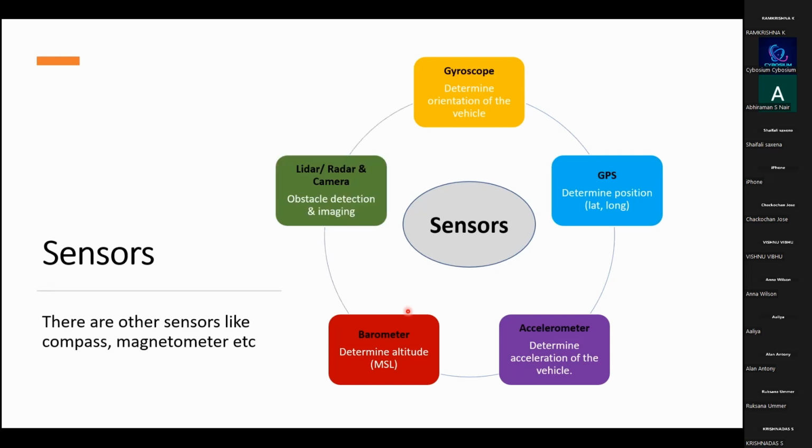And yes, talking about sensors, we have radar and LiDAR for obstacle detection, and camera for imaging. And there are other sensors like compass or magnetometer to find out the heading or orientation of the UAV.